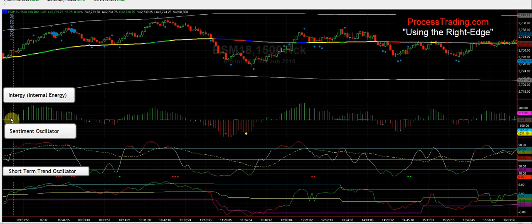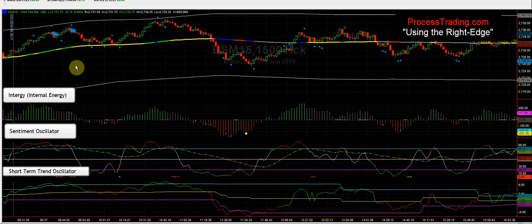So right here, you could have jumped on this, but you didn't have any of the Process Trading trend trade signals to take that. And as you know, if you've gone over to ProcessTrading.com, the upper segment of your screen here is the trend trading portion.